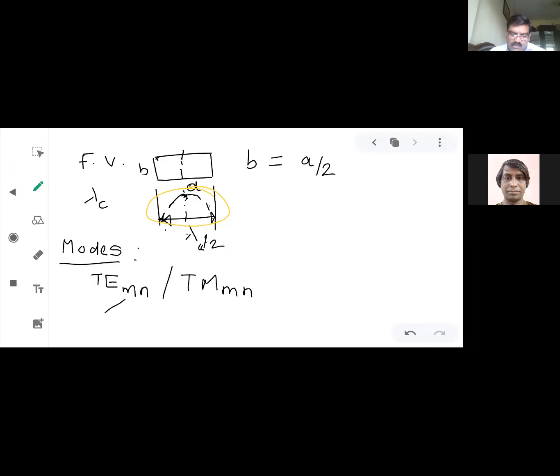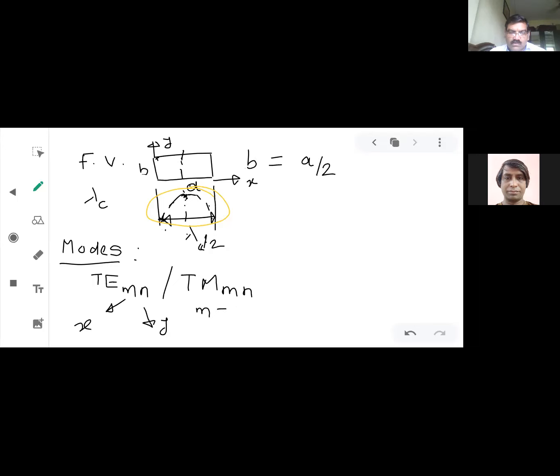Now this M is nothing but the number of half cycles along the x-axis, and N is the number of half cycles along the y-axis. Okay. Now x-axis means this, and y-axis is this. Now m and n both are integers.